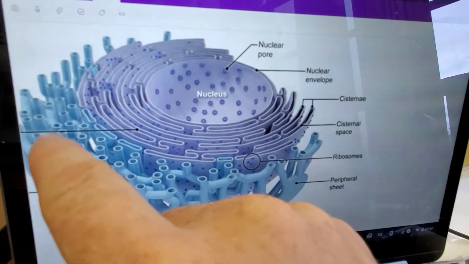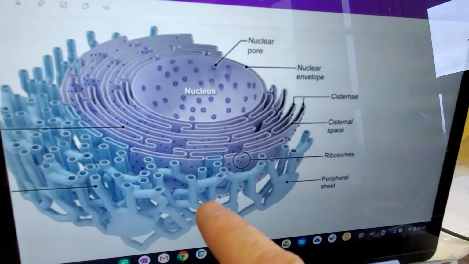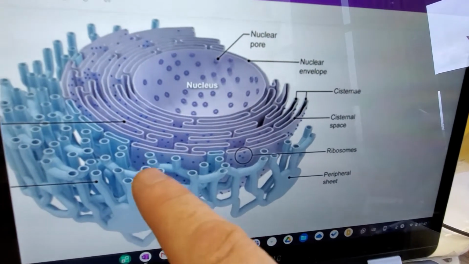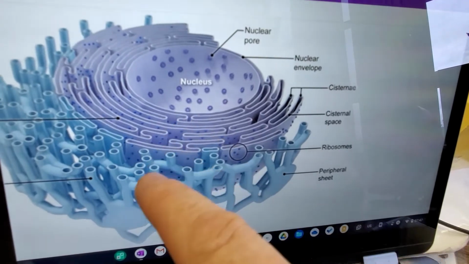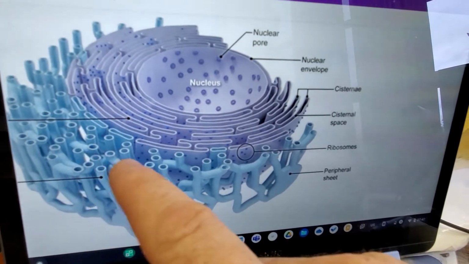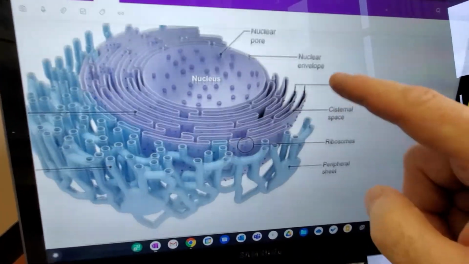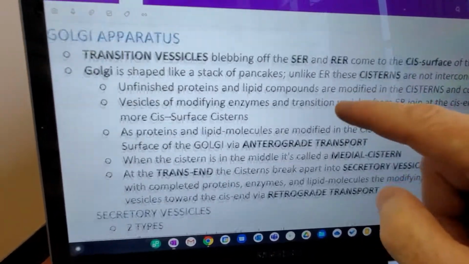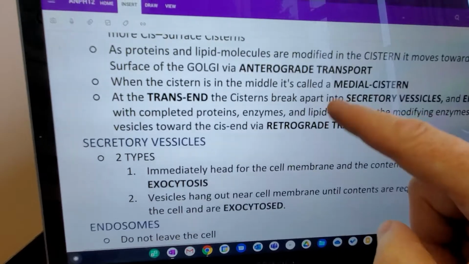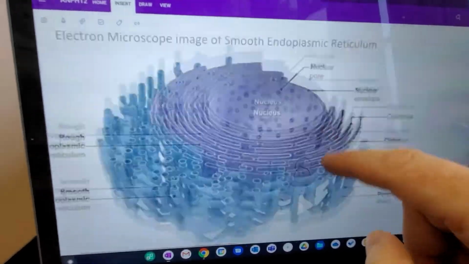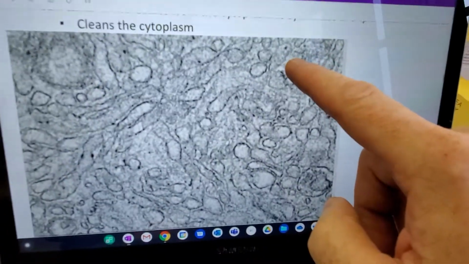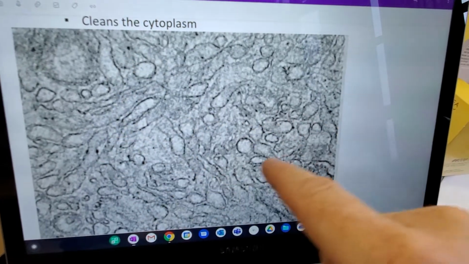Okay, but let's talk about smooth endoplasmic reticulum. So you can see the cistern have a different shape. They're not these flattened discs, they're tubules. They're these tubes. They've got a round shape, and there's no ribosomes. And what is made in here are lipid or oil, fat-based things, inside the smooth endoplasmic reticulum. That's what it looks like under an electron microscope.